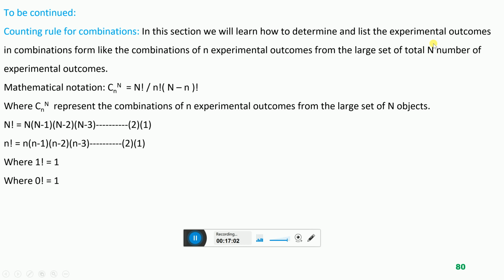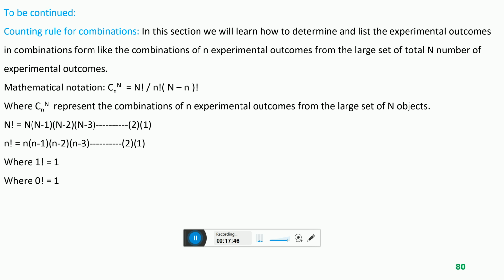This capital N is used for the large group of objects, and this small n is used for the combination that we choose from the large set of items. So the counting rule for combinations is used to determine the experimental outcomes of an experiment in combination form.